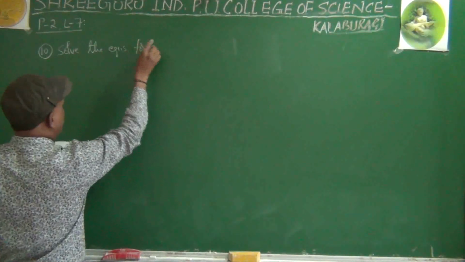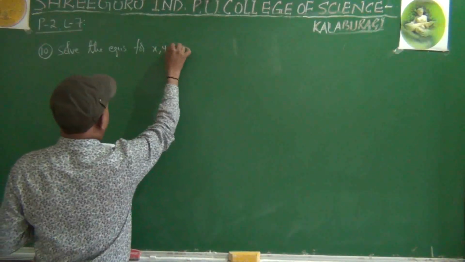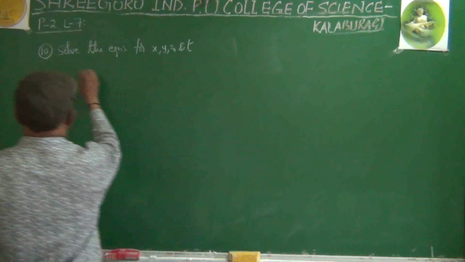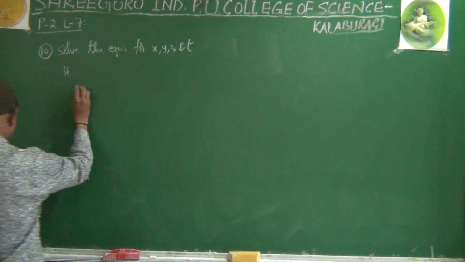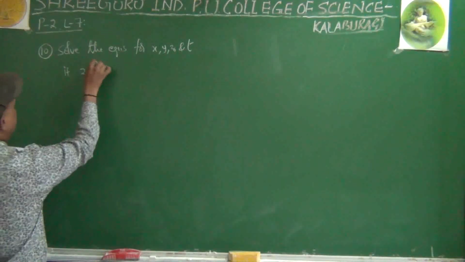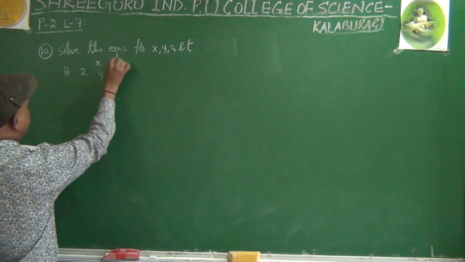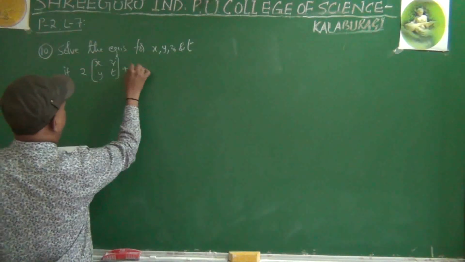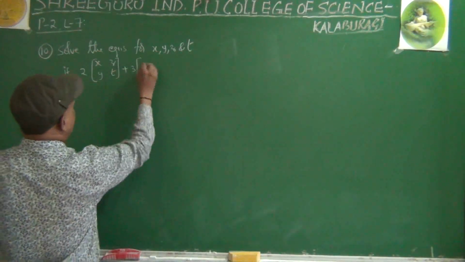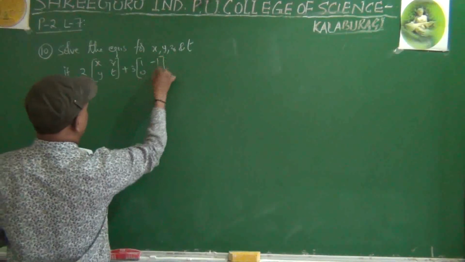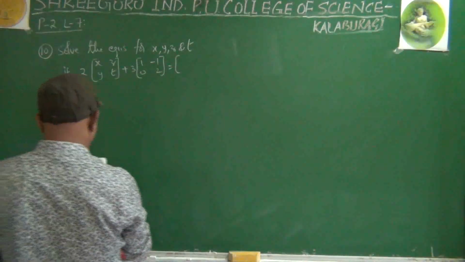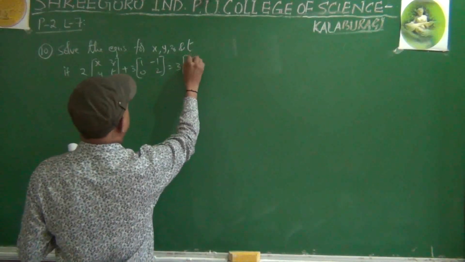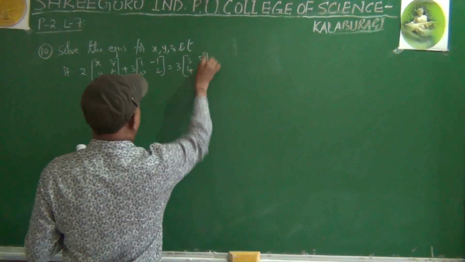If 2 into x z y t plus 3 into 1 minus 1 0 2 equals 3 into 3 5 4 6.